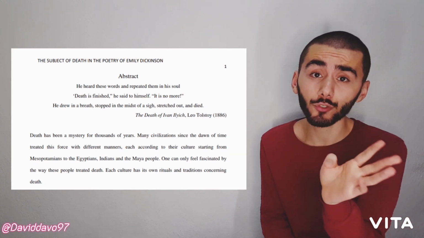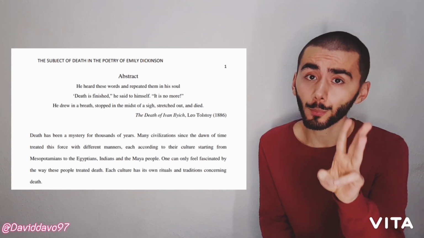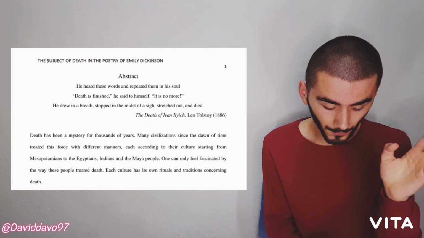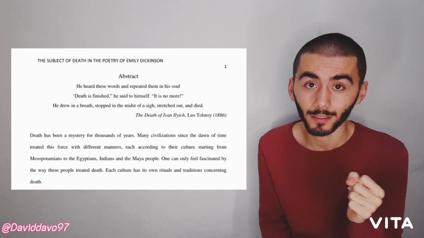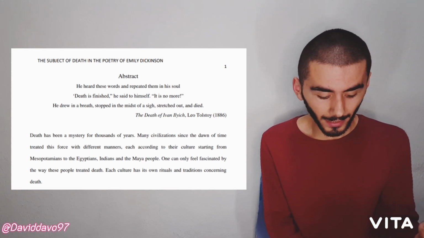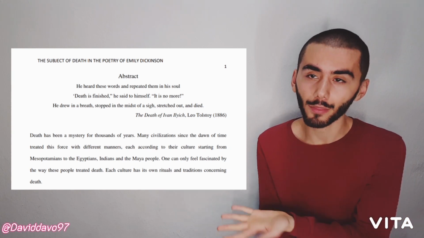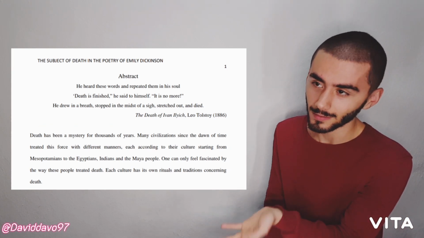The abstract should answer 3 important questions. First of all, what is your topic? In my case, it is the theme of death in the poetry of Emily Dickinson.